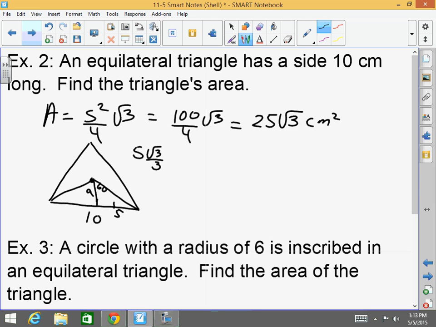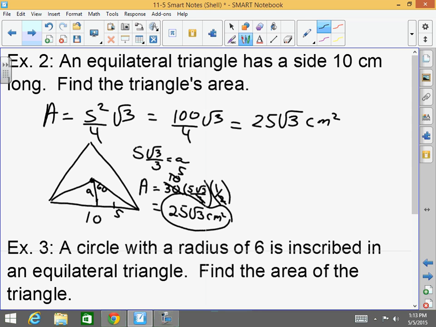So that's my apothem. So my area would equal perimeter, which is 30, times apothem, which is 5 radical 3 over 3, times 1/2. So 3, that goes to 10, divide by 2, that's 5. So that would be, again, 25 square root of 3 centimeters squared.